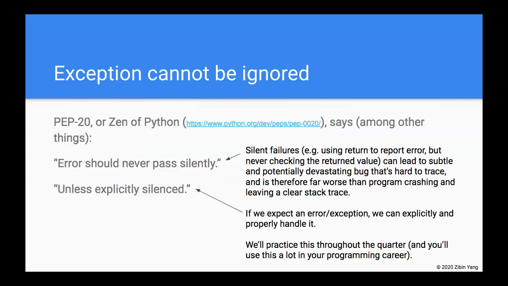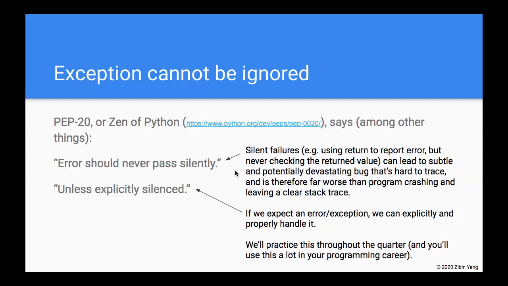All right, and finally, we all know that when an exception is raised and it's not handled, then our program crashes, right? Now, why is that a good thing? Well, it's not just my opinion. I'll refer you to PEP 20, which is the Zen of Python.